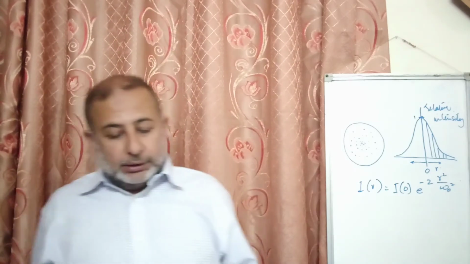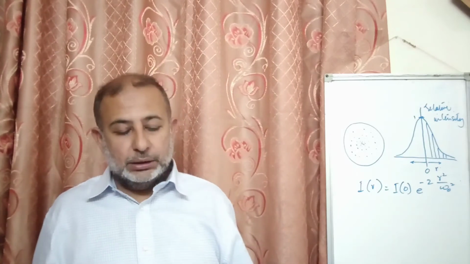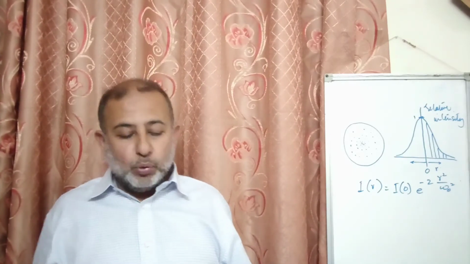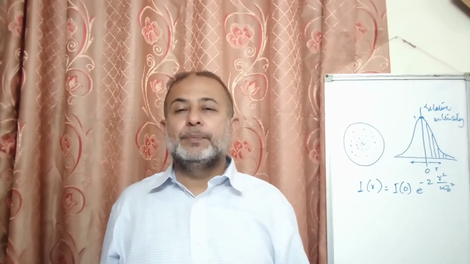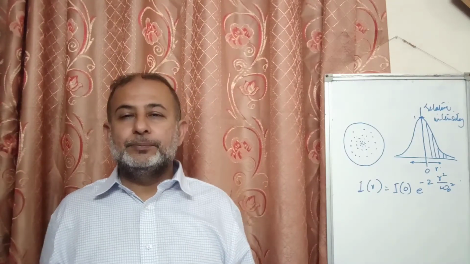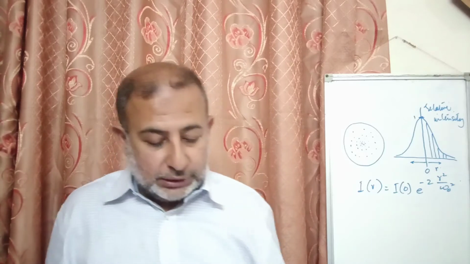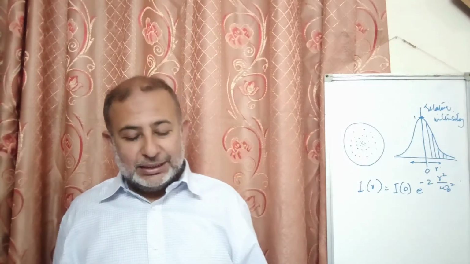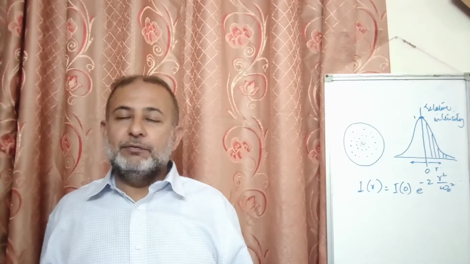If the operating wavelength is chosen less than lambda c, which is the critical or the cutoff wavelength, then more than one mode will propagate along the fiber, which is not wanted in a single mode fiber. So the same fiber can be a single mode or a multi-mode fiber depending upon the operating wavelength.